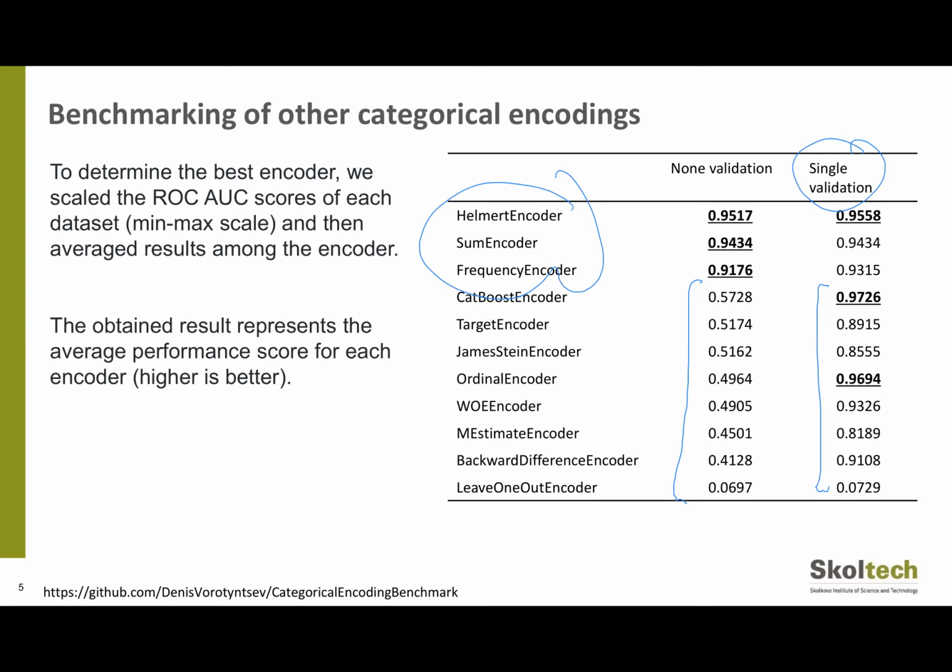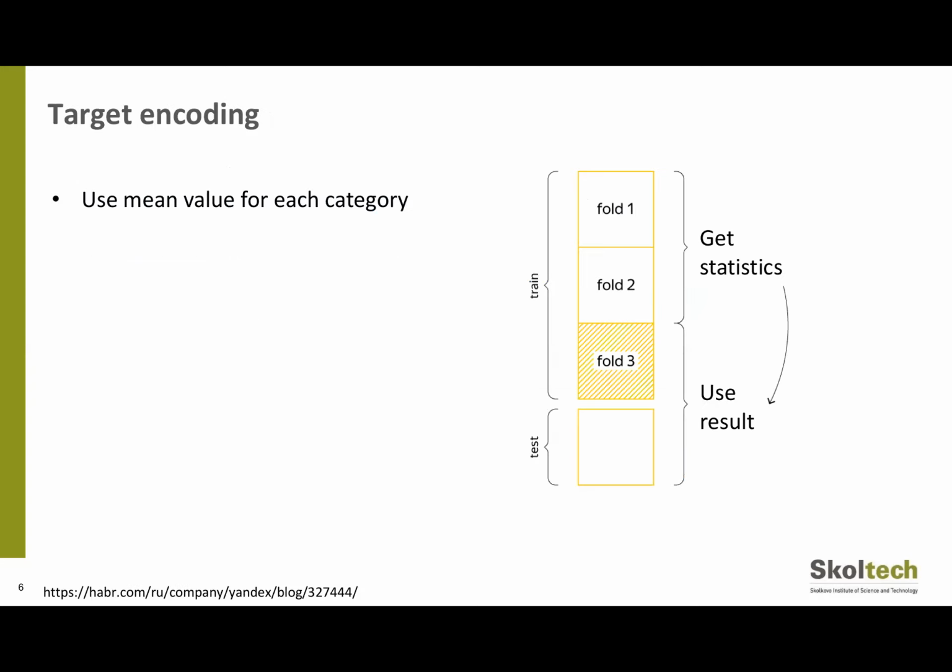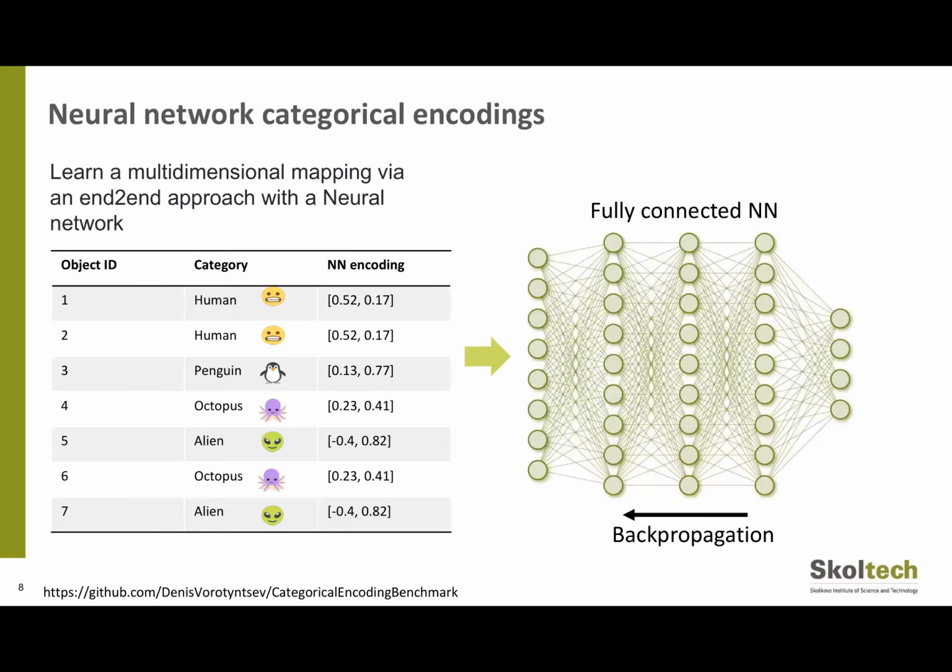I will not go into much more detail here. Let's mention we have the target encoder here, the specific CatBoost encoder, and so on. So please take a look if you're interested. They're pretty simple, just simple formulas. Nothing very serious, but it's interesting to think about.